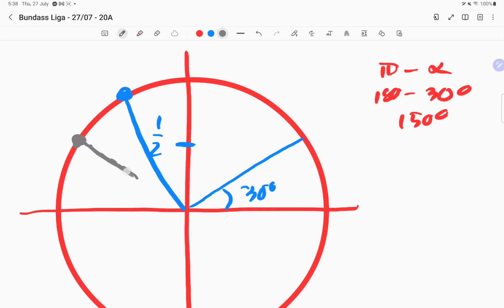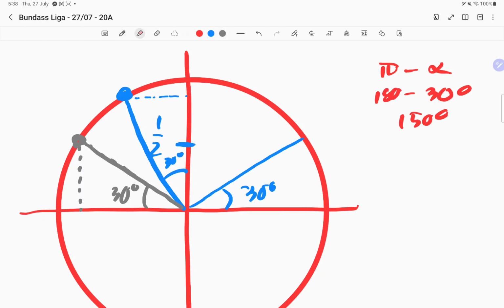But note this symmetry angle. What is the difference between this triangle and the blue triangle here? Remember, this is 30 degrees and this also is 30 degrees. What do you guys see as the difference between the blue triangle and the gray triangle? Yes, that's right.